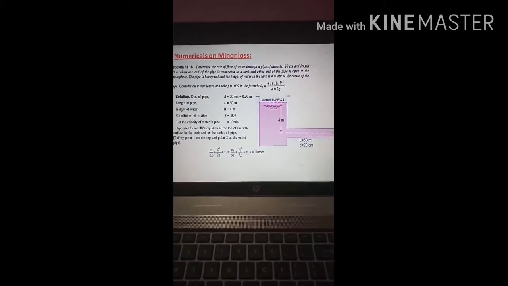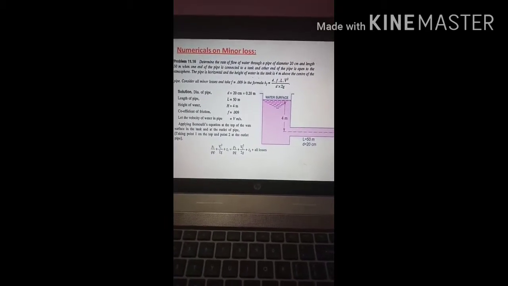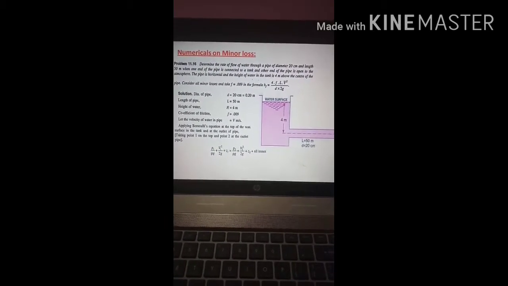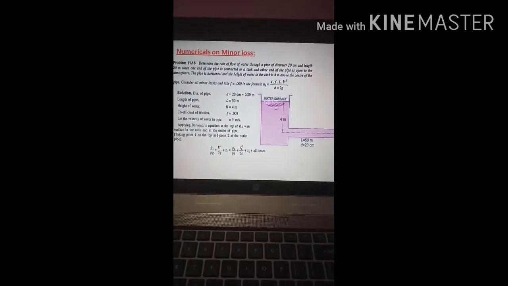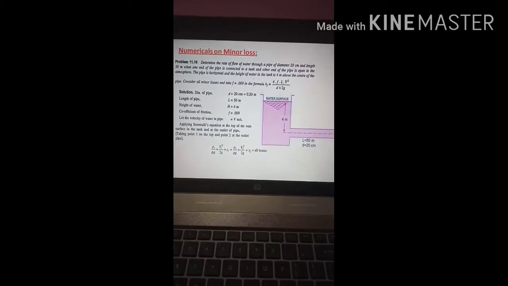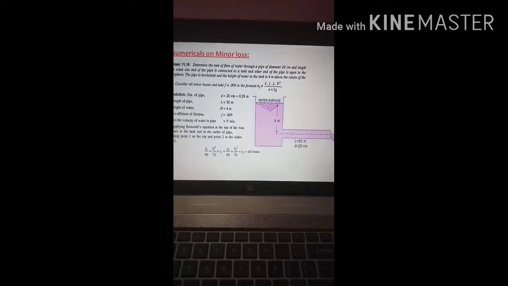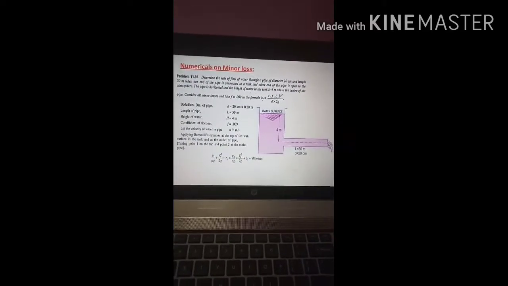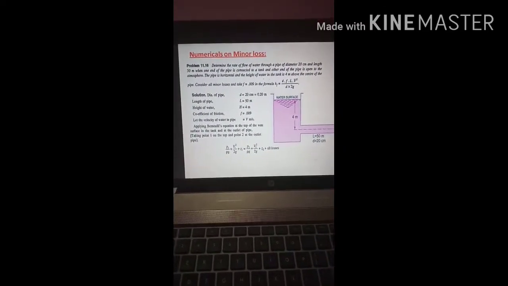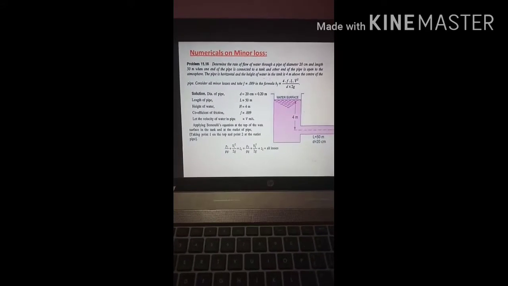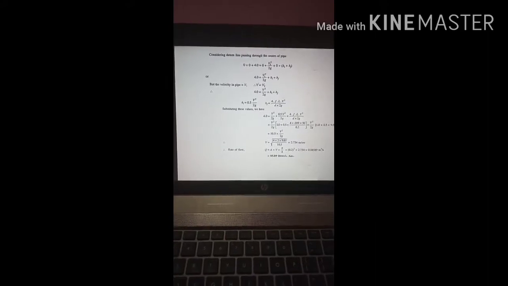Now in the numerical, write down the given data: diameter of the pipe, length of the pipe, height of water inside the tank, coefficient of friction small f, and the velocity of flow in the pipe, V. That you have to calculate first, and then you have to solve for the major and minor losses.